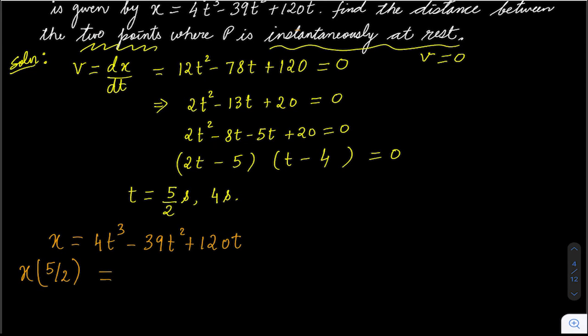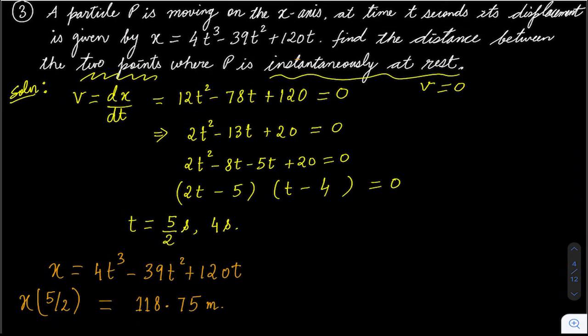So let's substitute t as 5 over 2, that is 2.5 seconds: 4 into 2.5 whole cube minus 39 into 2.5 square plus 120 into 2.5. So we will get 118.75 meters.